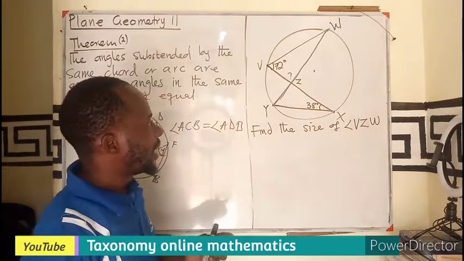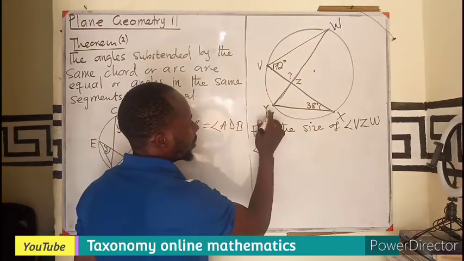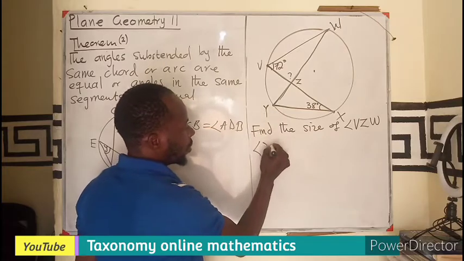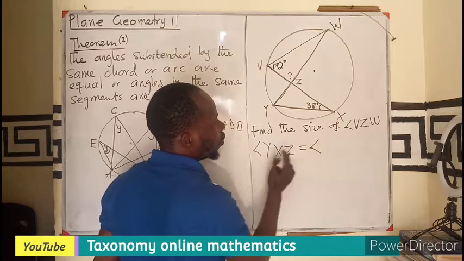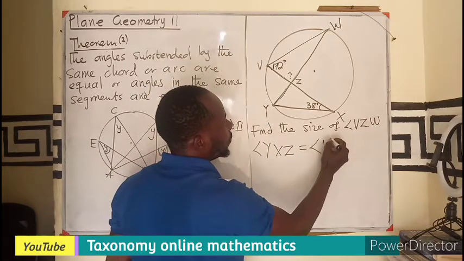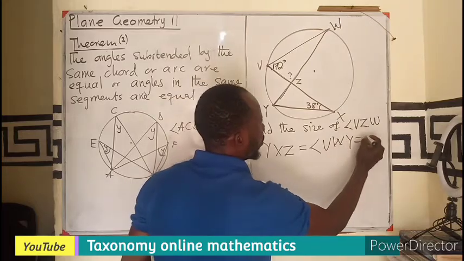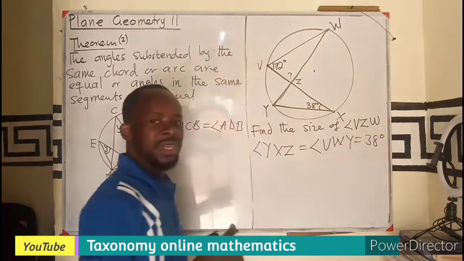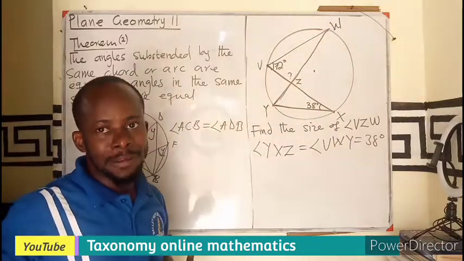So per the property, we will say that angle YXZ is equal to angle VWY, which will be 38 degrees. The angle at the corner there is 38.